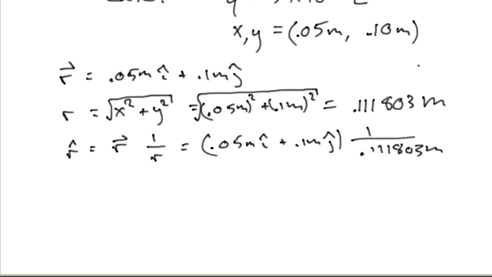And that gives us 0.447215 I plus 0.89443 J.